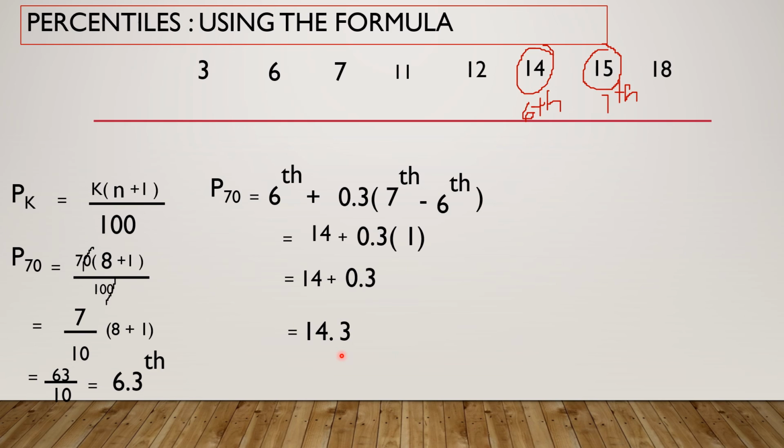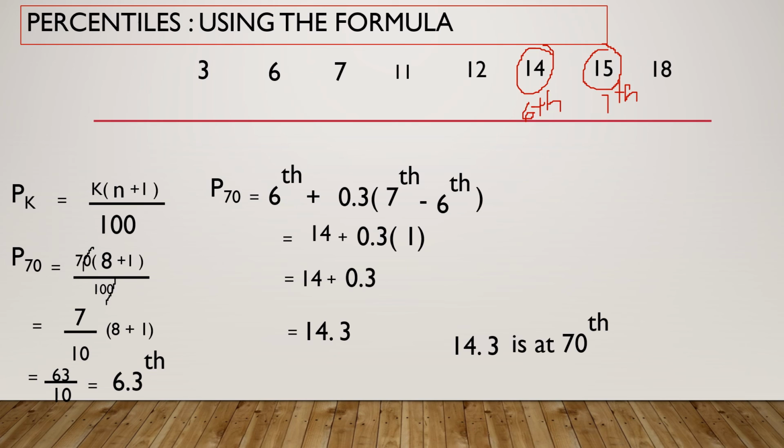Okay, look at this one. 14.3 is the 70th percentile. But if your teacher just wants to get the average, look at the difference. If you're going to get the average only, 14 plus 15 divided by 2, that is 14.5.